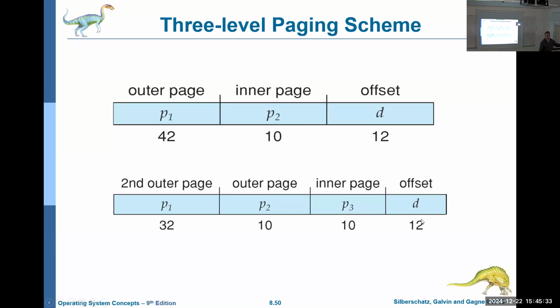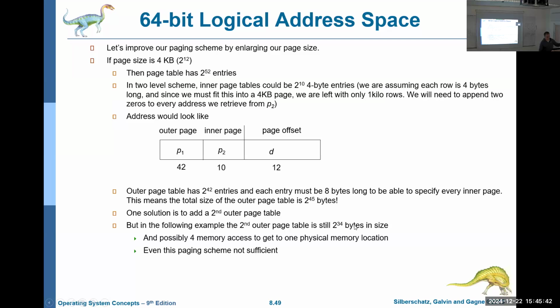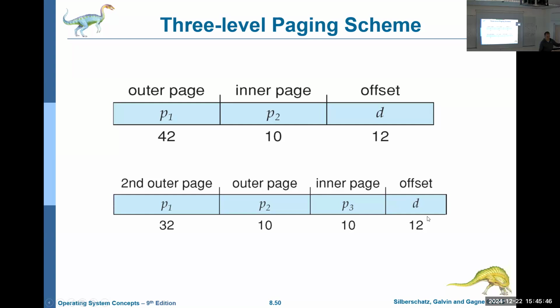If the offset is 12, how did I get this 10? Because we said that each page within the first page table can hold 2 to the 10 addresses. Well, if the page is 2 to the 12, let's think about this. How long is an address?